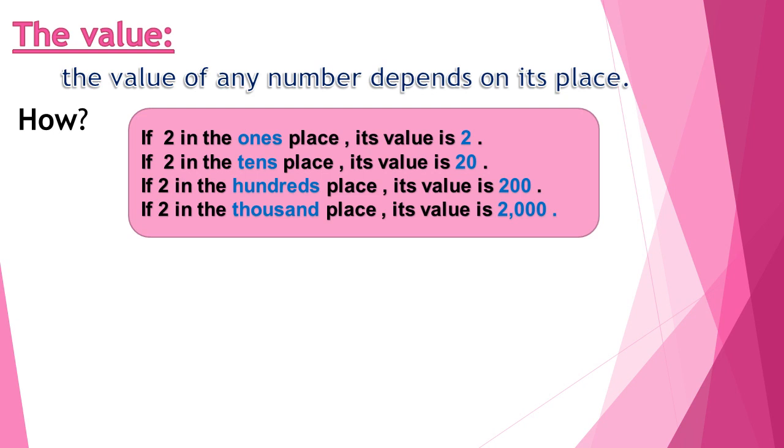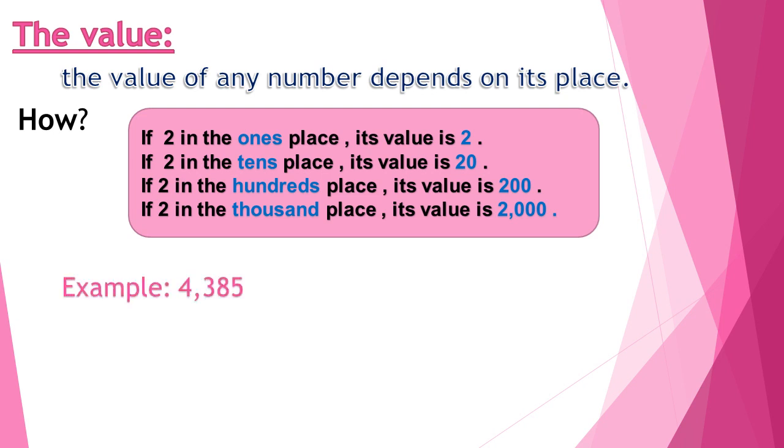If 2 in the hundreds place, its value is 200. In the hundreds place, we put 2 zeros. If 2 in the thousand place, its value is 2,000. In the thousand place, we put 3 zeros.